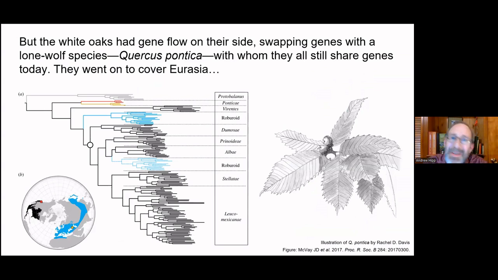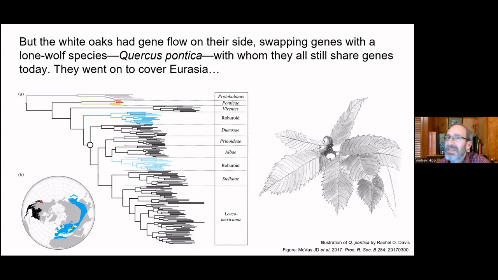We think they may have had gene flow on their side. Remember Berger's idea that every species is evolving in its own niche, but sharing advances ecologically with its relatives by gene flow. When the eastern white oak relatives that got over to Eurasia arrived, they met Quercus pontica, a Eurasian species of which we have very little fossil record.